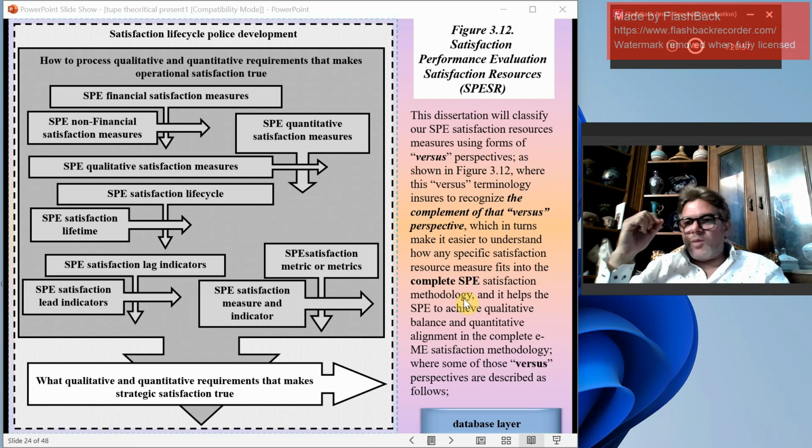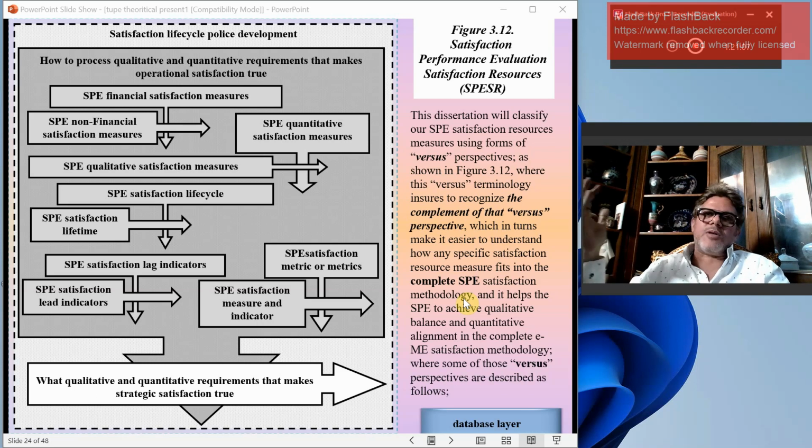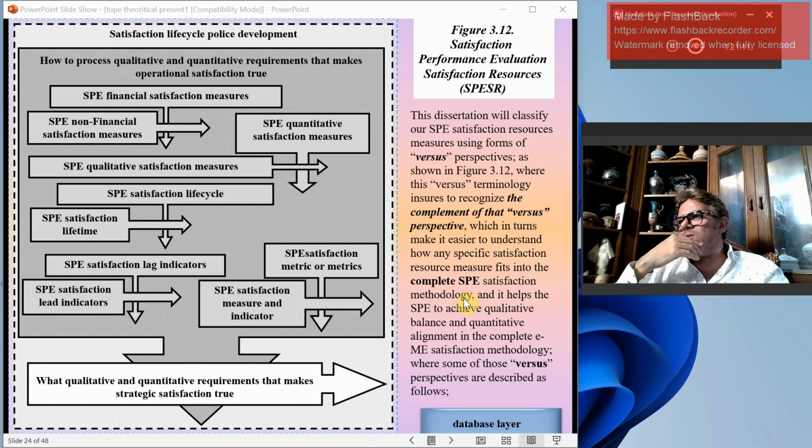So when, in a PhD, you say this variable or this requirement is too trivial or too complex for me to include within the view of this paper, this means this paper is a special perspective. It's not a generic perspective.